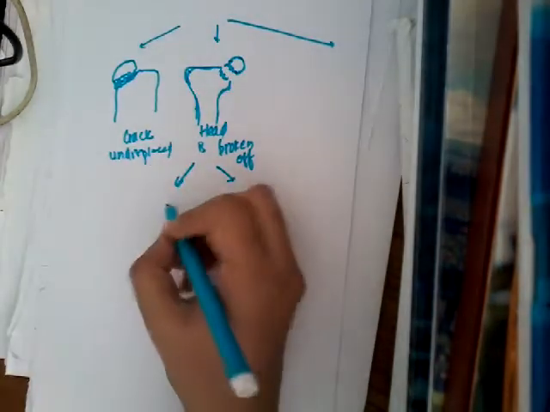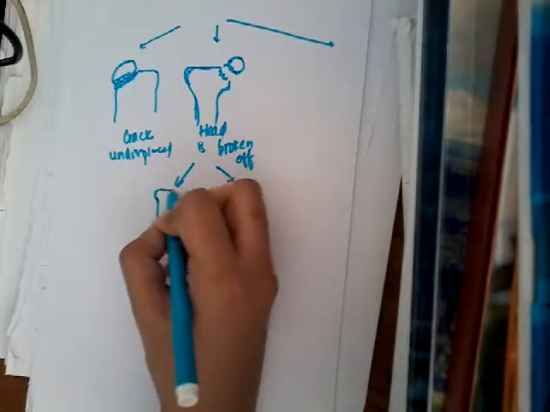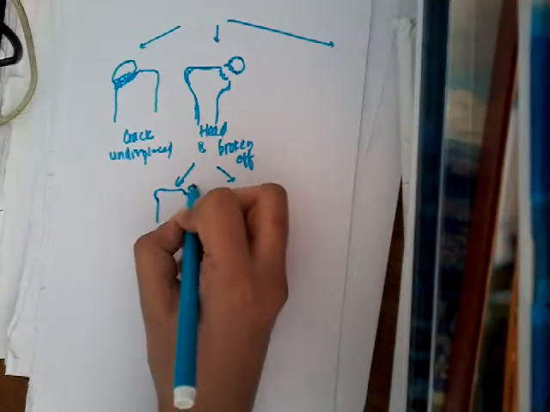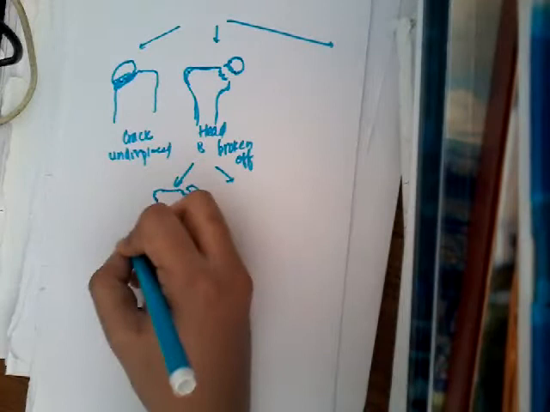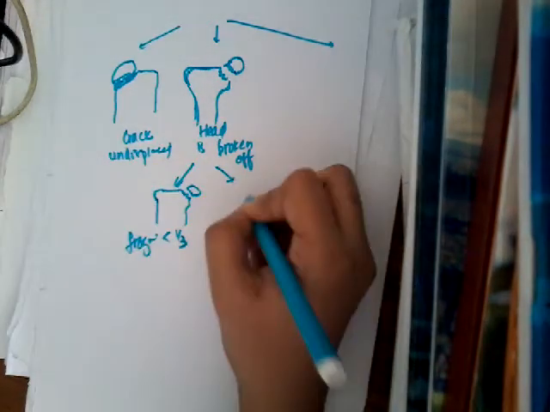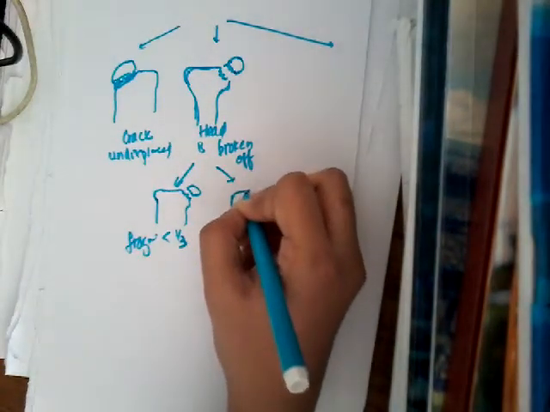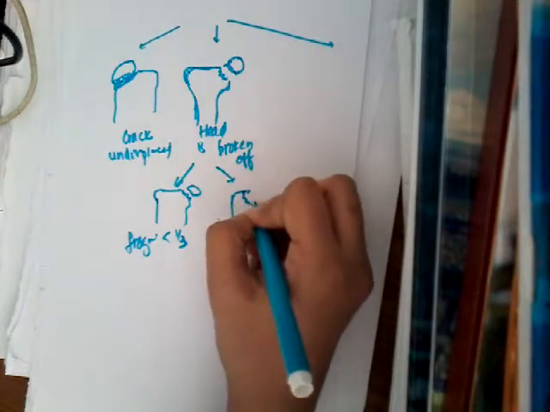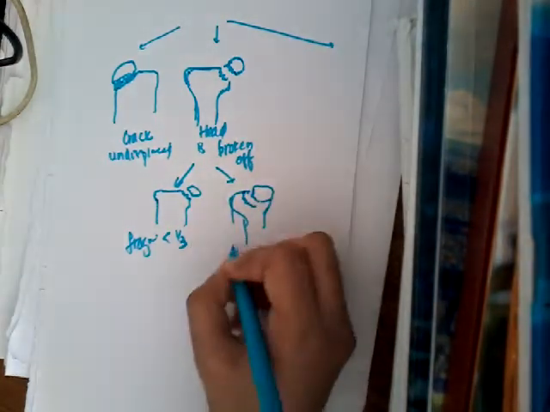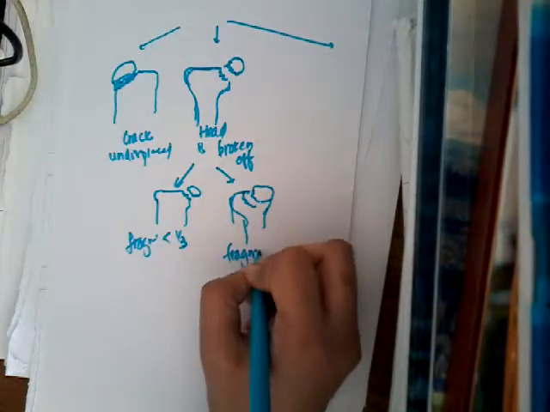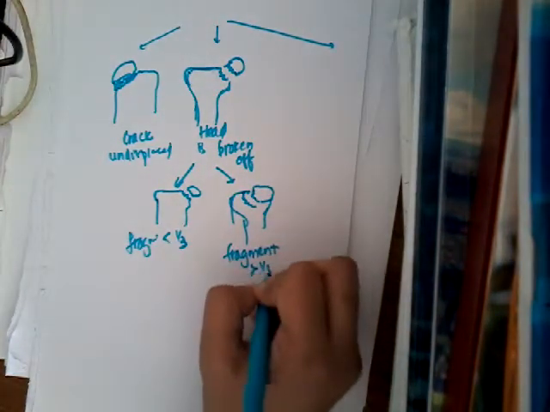If this fragment is smaller, less than 1/3, that is one type. The second type is where the fragment is more than 1/3 of the head.